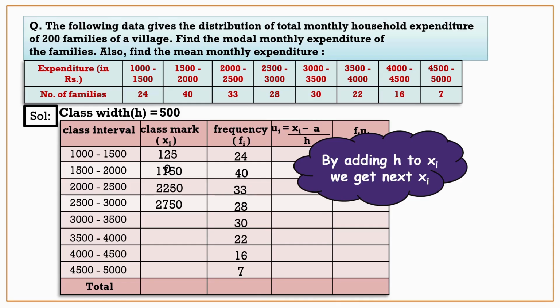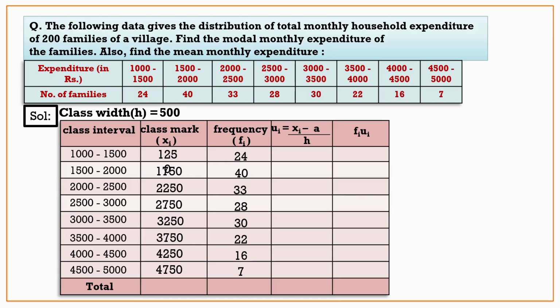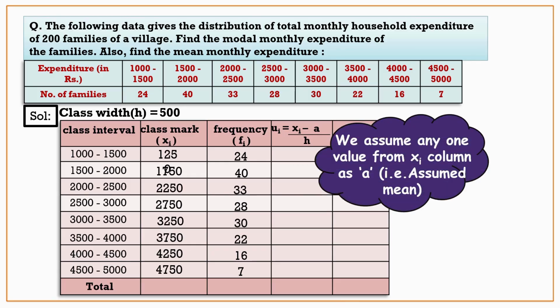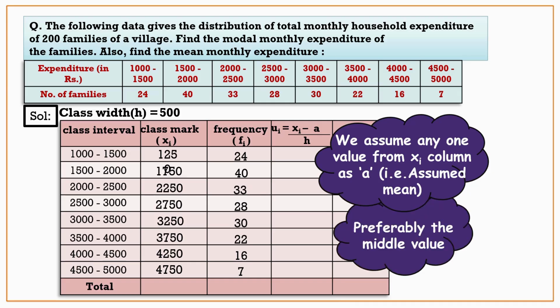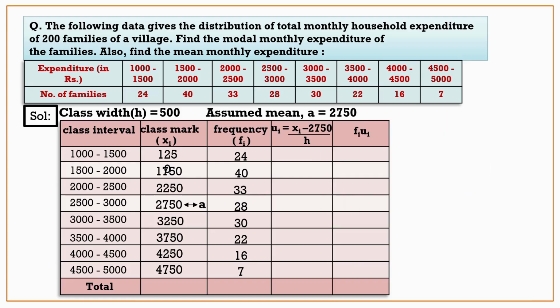Okay, so now if we add up, we'll get all the class marks. Now we assume any one value from the xi column as a, that is the assumed mean, and preferably we consider the middle value. So let's take 2750 as the assumed mean, that is a. Now replace that a with 2750. Now calculate ui. ui is xi minus 2750 by h.